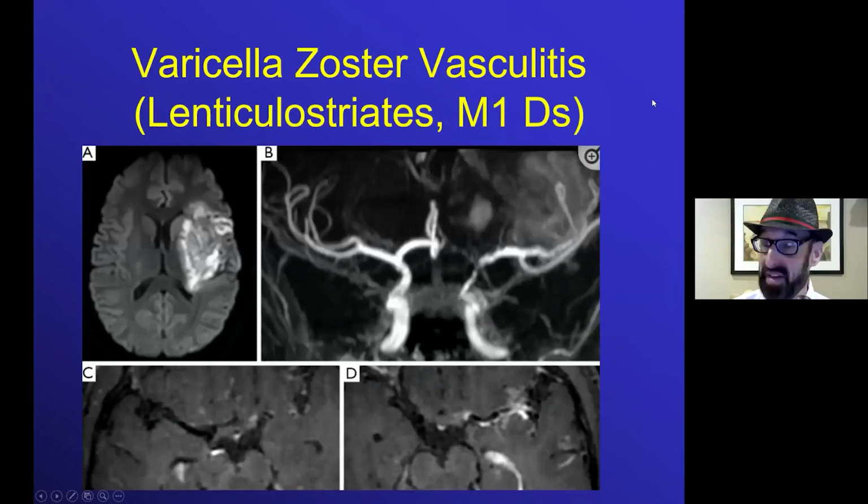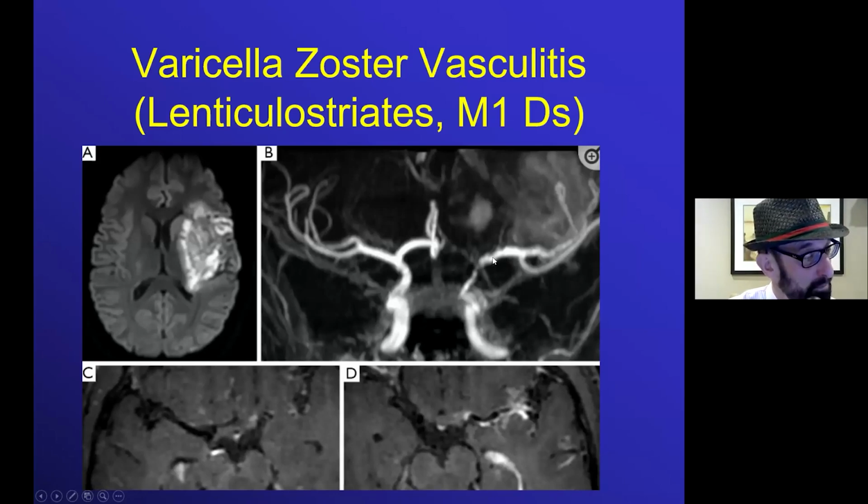Another of the infectious inflammatory vasculopathies includes varicella zoster vasculitis. Again, more commonly lenticulostriate, M1 disease. This one, unfortunately, having a large middle cerebral artery distribution infarction, took out portions of the A1 segment on this. Notice that the distal internal carotid artery here is narrowed.